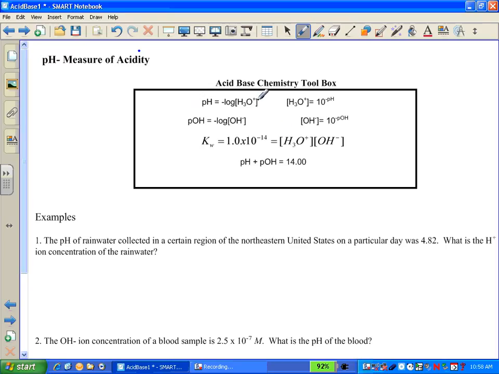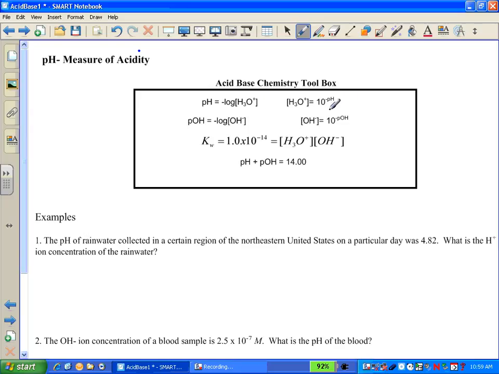So pH is the negative log of the concentration of the H3O+ ions in the solution. Now it's important to note that although H3O+ is the more appropriate way to report this ion, if it's reported as H+, that's fine as well. So pH is the negative log of H3O+.